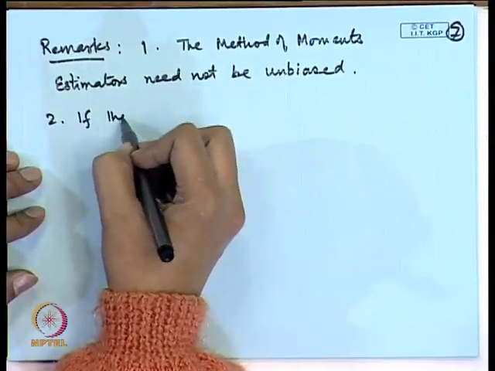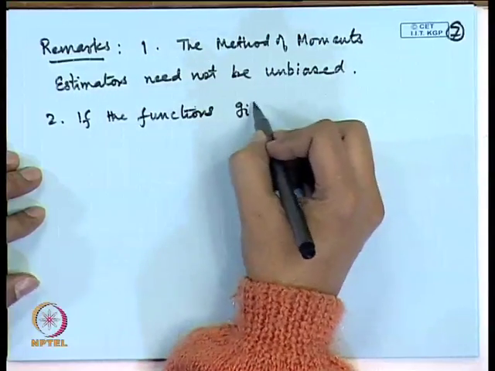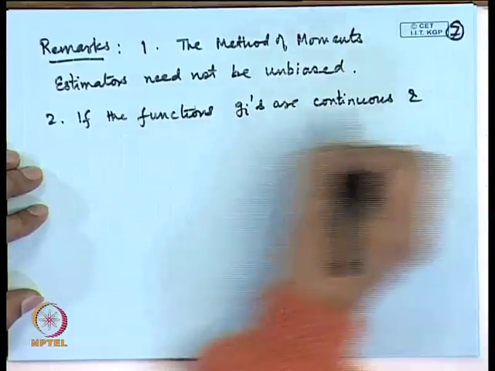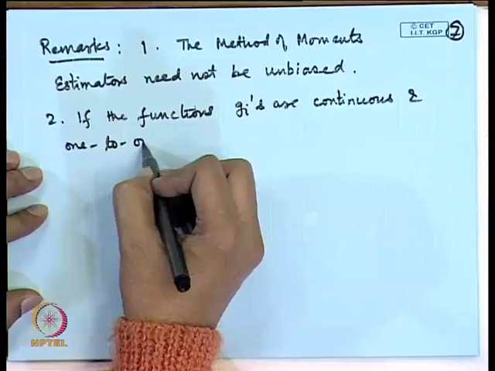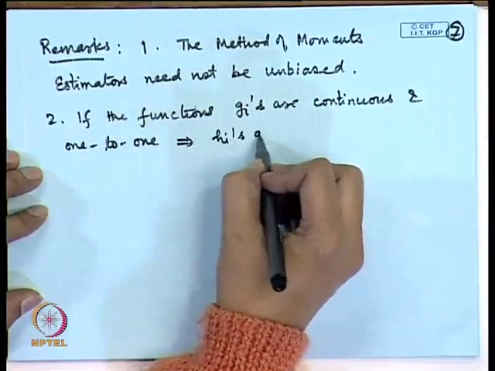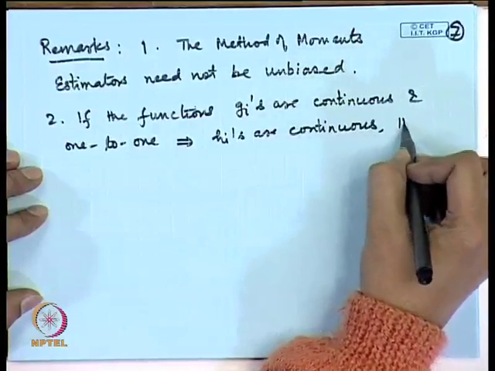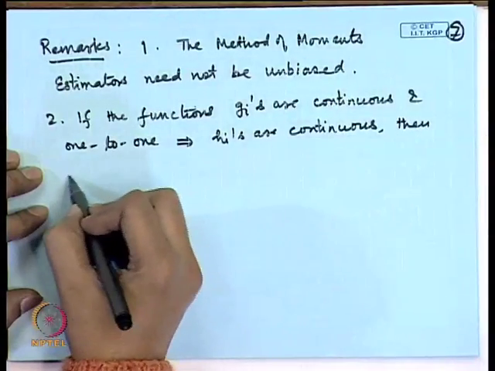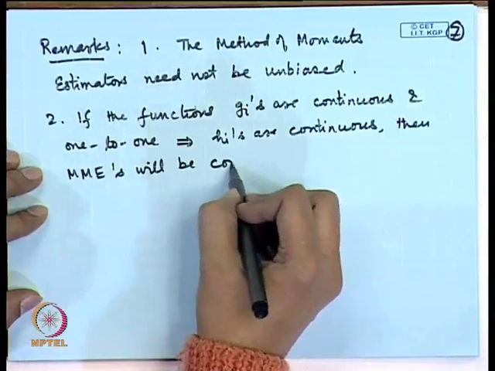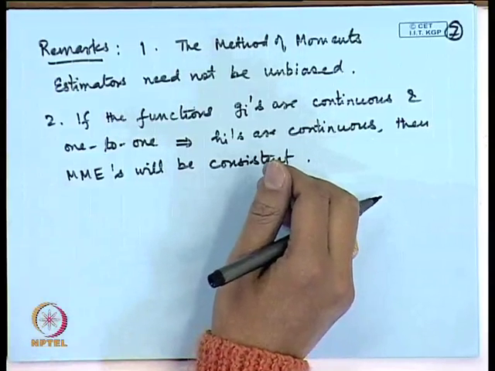If the functions g i's are continuous and one to one, in that case inverse functions will exist and they will also be continuous. If the h i's are continuous, then MMEs will be consistent. That means, they are not always consistent, but under certain conditions they will be consistent.